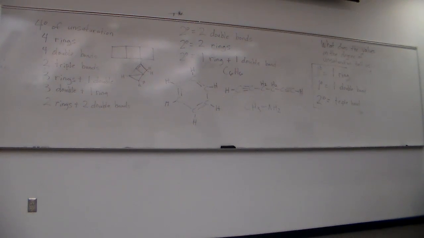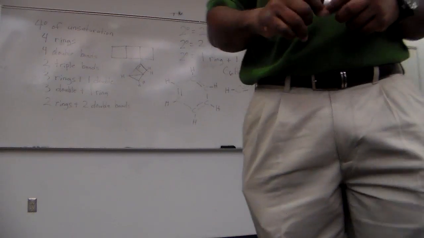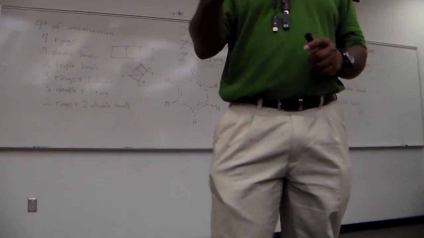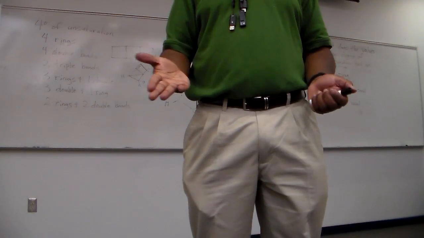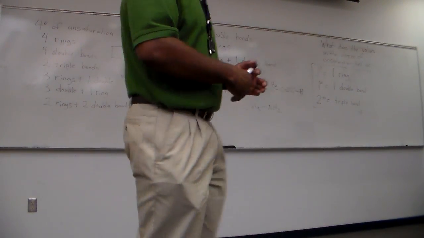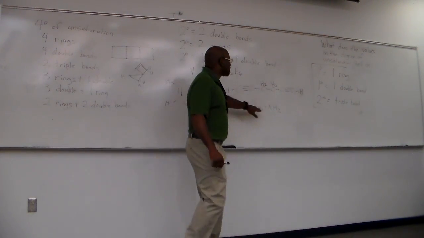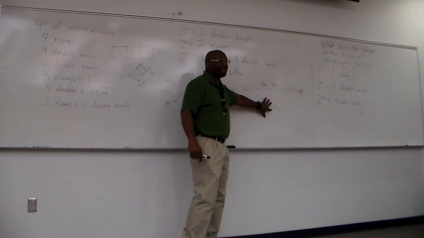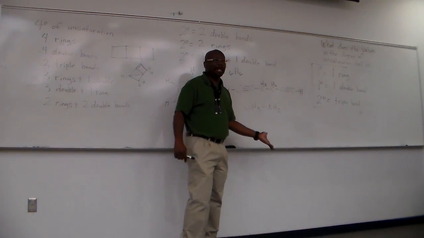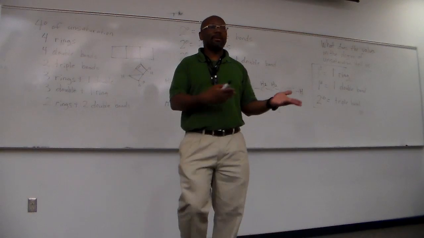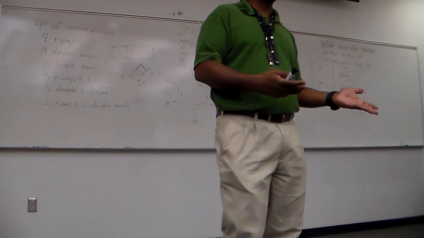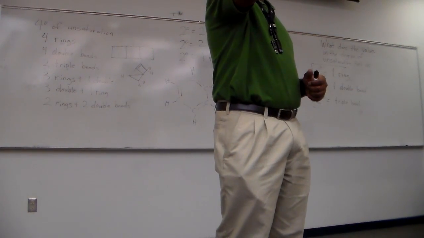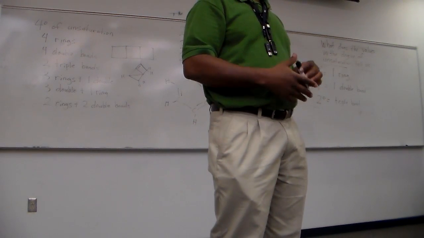Because of the extra bond, to get the degree of unsaturation to work you have to subtract out the extra hydrogen atom, and that way you eliminate the odd number. If I just ignored the nitrogen atom, I would end up saying carbon has 5 bonds, and carbon doesn't have 5 bonds.